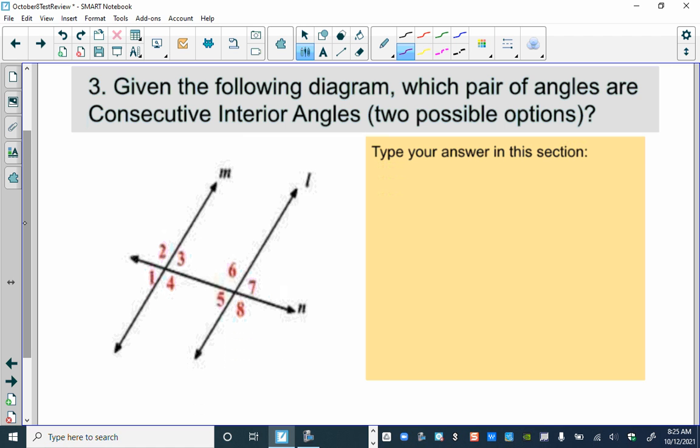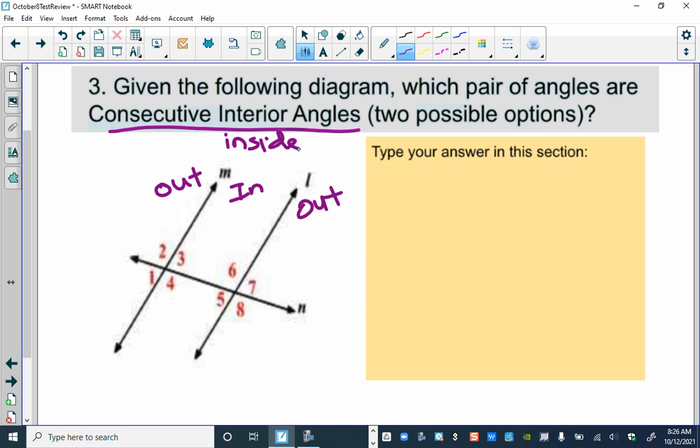Now, this part is consecutive interior angles. I'm going to stay on the inside. Now, consecutive. Are they going to be on the opposite side or the same side?